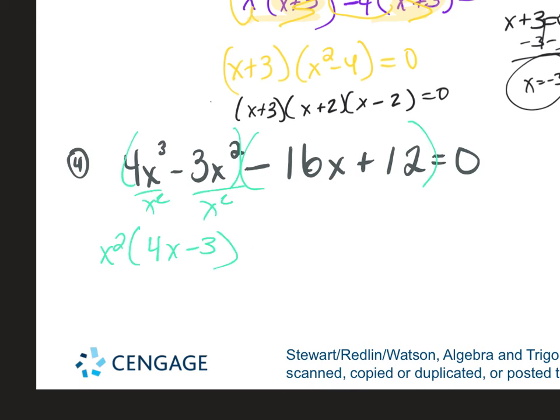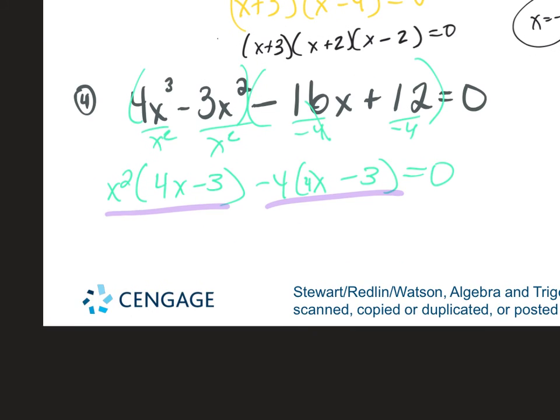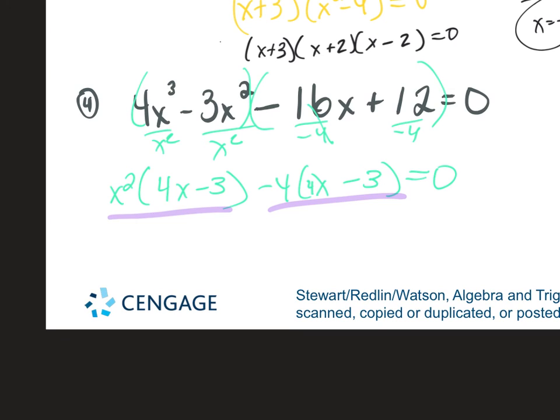What can I take out? Negative 4, good. So if I divide by negative 4, I get 4x minus 3. What do you notice the new GCF is? What do they both have in common? 4x minus 3. They both have a 4x minus 3.